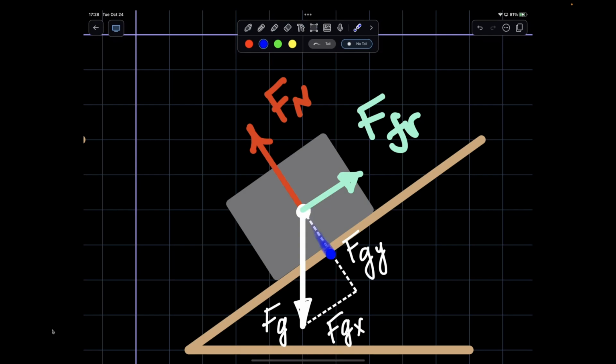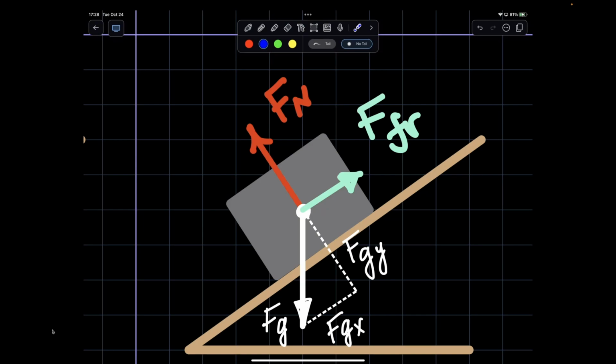So we have force of gravity, Y component is supported by normal force, and then force of gravity X. If I see visually that my force of friction is equal to this mgx, or force of gravity X, then I know that my object can be either at rest, so it's not sliding down the incline, it's just sitting there, or it might be sliding down if this is kinetic, and they didn't tell me static or kinetic, so it could be both.